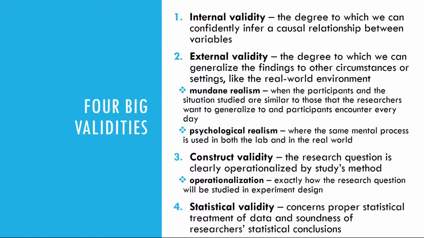Prioritizing validities. These four big validities, internal, external, construct, and statistical, are useful to keep in mind when both reading about other experiments and when designing your own. However, researchers must prioritize, and often it's not possible to have high validity in all four areas.